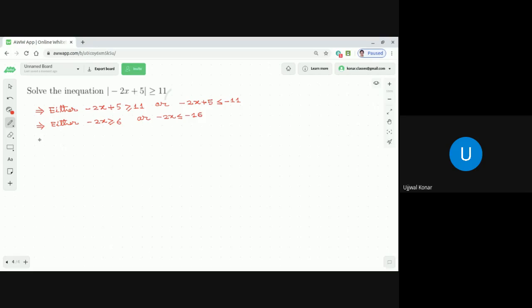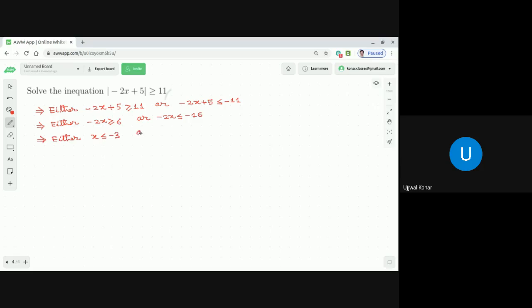So from here, if you divide both sides of the inequality by minus 2, the sign of inequality will change. So it becomes x is greater than or equal to minus 3.